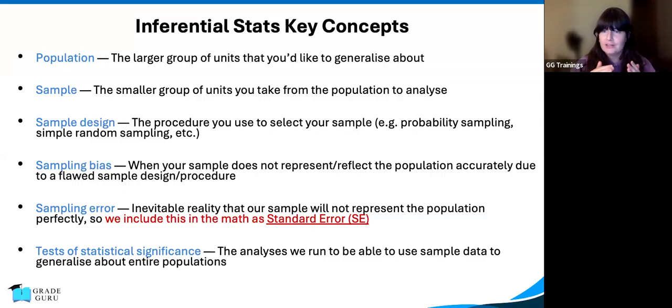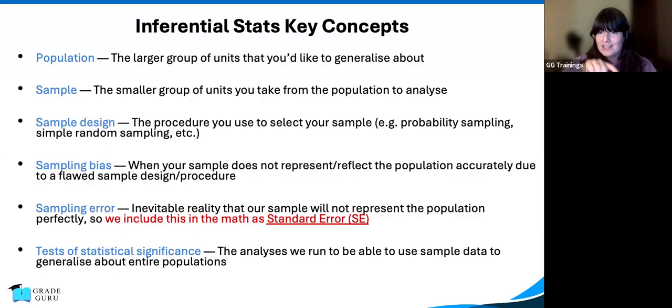Now, sampling error is very different from sampling bias. Okay, so both of them speak to your sample not completely reflecting the population perfectly, or accurately. But the difference is that sampling bias is due to a flawed procedure, meaning it could have been avoided, the researcher made a mistake.